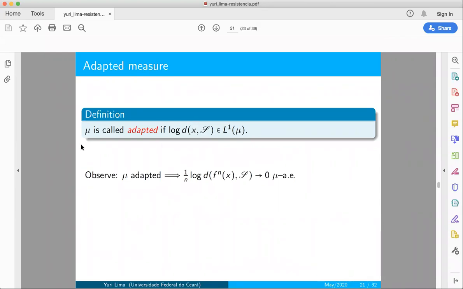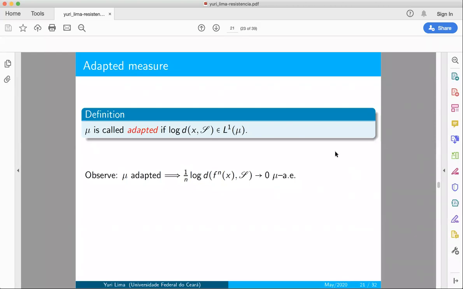And if it is in L1 of the measure, almost every point automatically satisfies property 2 in the definition of the coded set, because this is just an application of Birkhoff's ergodic theorem. So if mu is adapted, then 1 over n log of this distance goes to 0 mu almost everywhere.